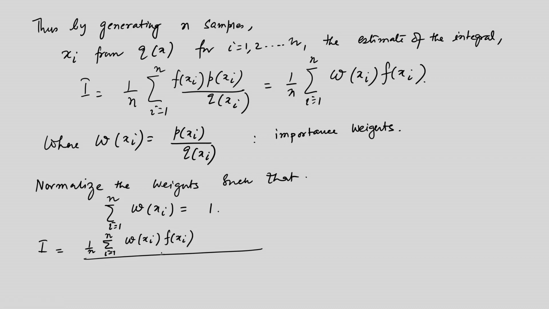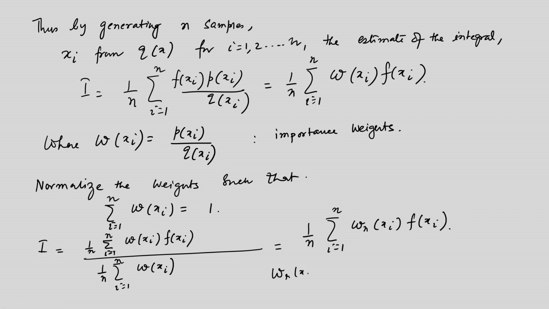So, now instead of weighting it by p, the probability density function earlier, we weight it by the importance weights, and this of course has to be normalized, and this is equal to 1 over n, sum over i equal to 1 to n of w_n(x_i) f(x_i), where w_n(x_i) equals w(x_i) divided by the sum of w(x_i) from 1 to n.